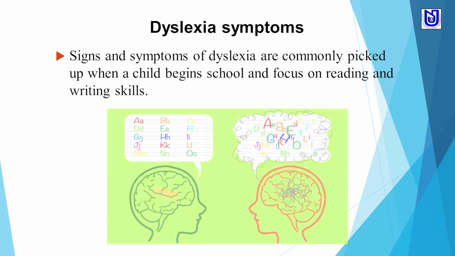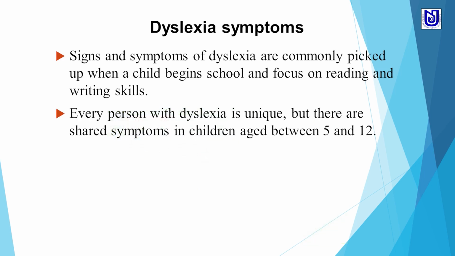Dyslexia symptoms. Signs and symptoms of dyslexia are commonly picked up when a child begins school and focuses on reading and writing skills. Every person with dyslexia is unique, but there are shared symptoms in children aged between 5 and 12.